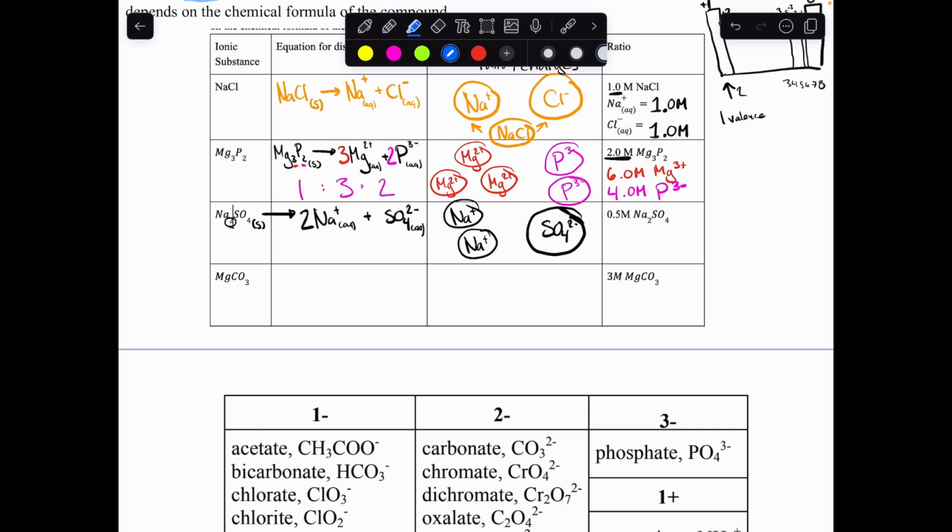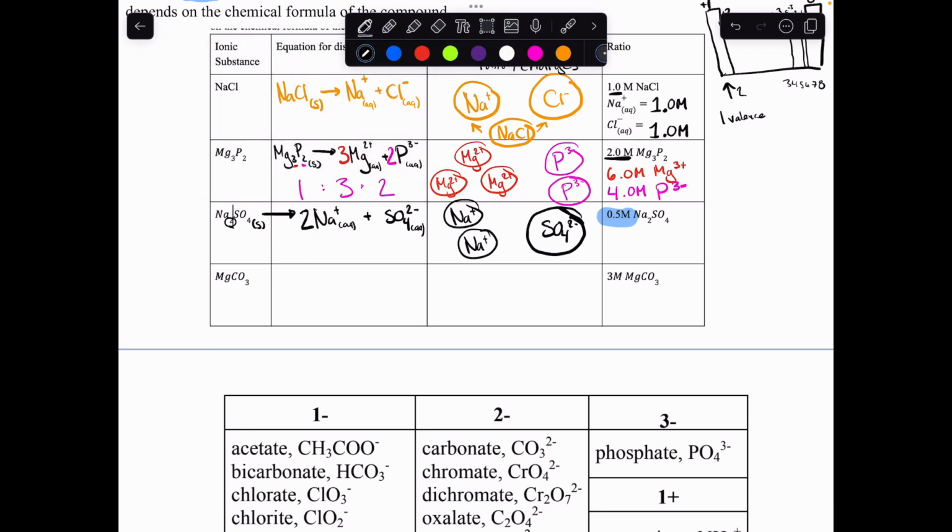All right, looking over here at the ratio. This tells us it's a 0.5 molarity. Notice over here that our ratio is, for every one of these, we're going to have 2 of those. So if this is 0.5, then this would be 1, because it's still a 1:2 ratio.